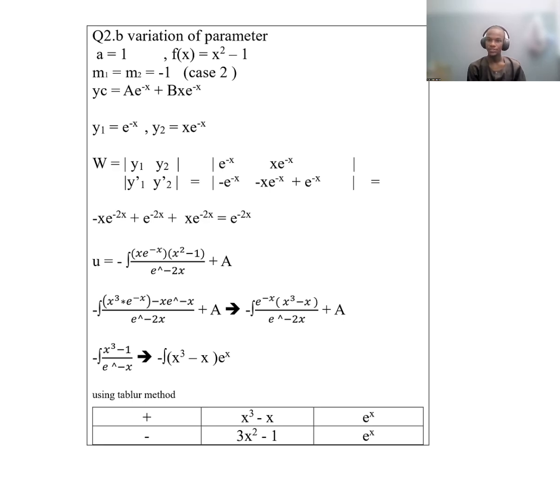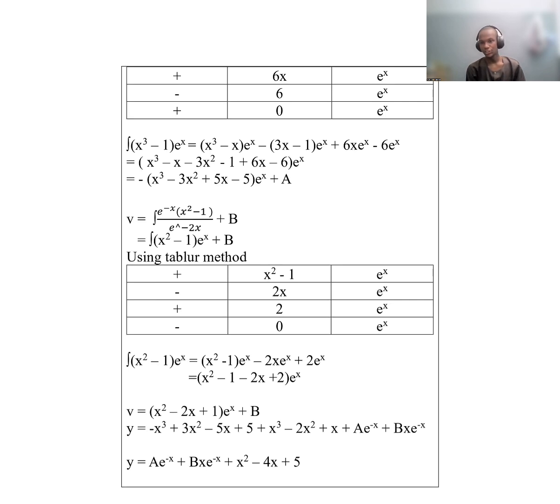For u equals negative integral of x times e to the negative x times x squared minus 1 over e to the negative 2x dx, which simplifies to negative integral of x cubed minus x times e to the x dx. Using the tabular method for integration by parts, we get u equals negative x cubed minus 3x squared plus 5x minus 5 times e to the x plus a.